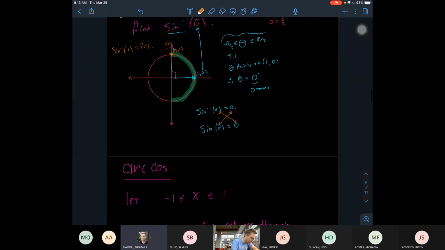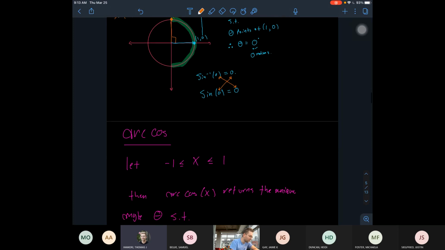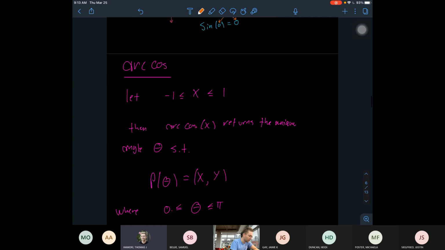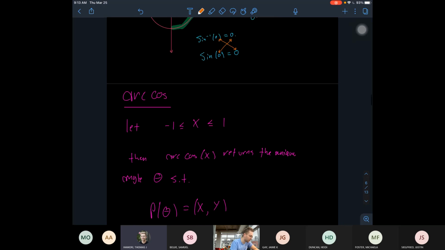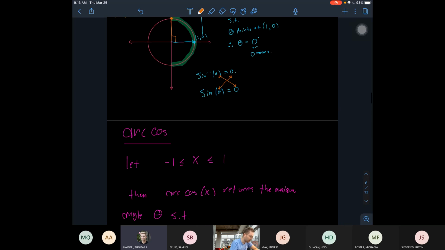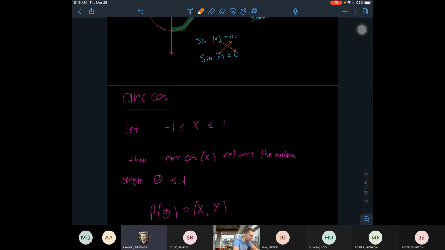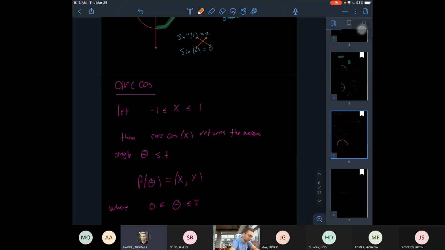And now we're going to switch gears and talk about arc cosine, or cosine inverse. There's something which you're not going to like about arc cosine. What you're not going to like is the following.